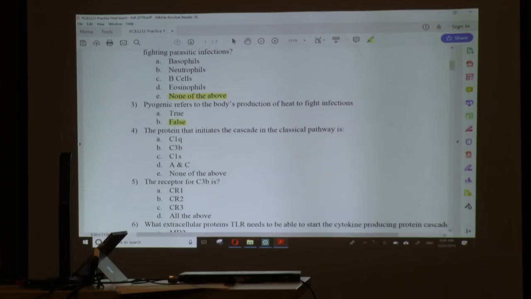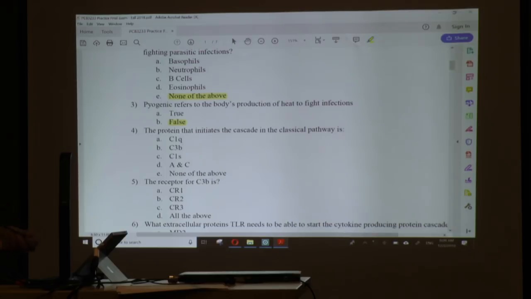Cool. Now, complement. The protein that initiates the cascade in the classical pathway is going to be C1q, C3b, C1s, A and C, or none of the above. Which one's the correct one? What's that? She's saying C1q. What about everybody else? What do y'all think?